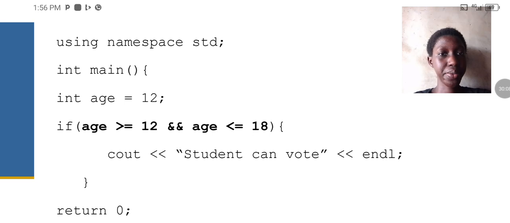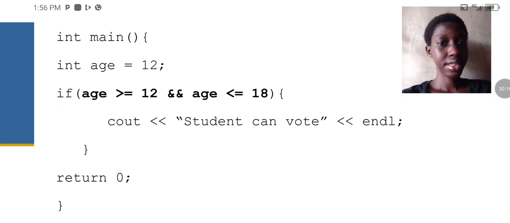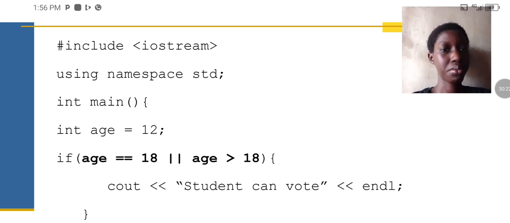So if the age the student inputs is within this range, the compiler displays that students can vote. This is the logical operator used with the if statement, the selection statement.